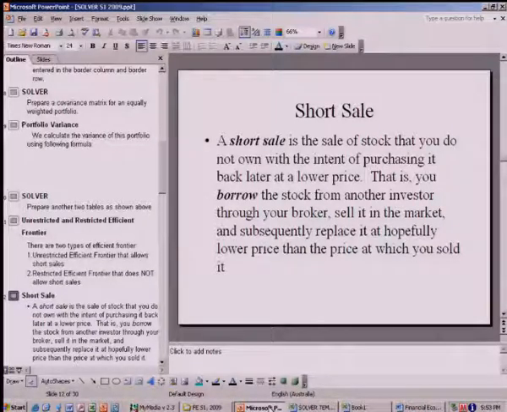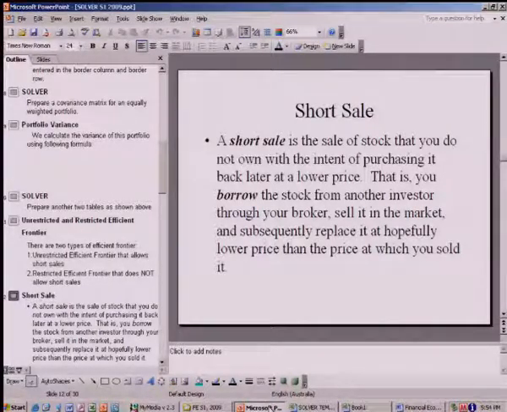Or the way my slide explains it, this is one possible explanation, is that you borrow a number of shares from a particular investor through your broker. You sell those shares, in anticipation that the price of those shares will go down, so that you can profit from the difference in the share prices.